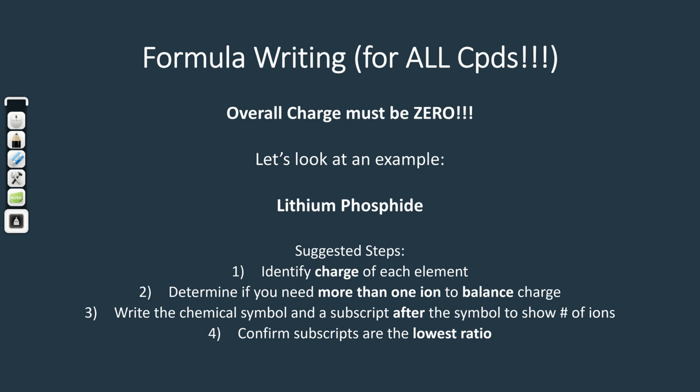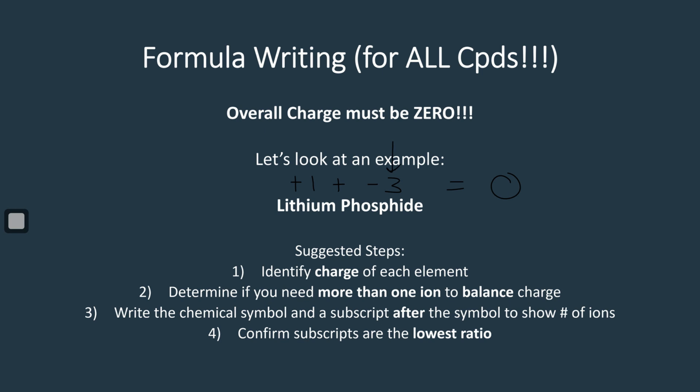So what I do here is I go, this is +1. And this is -3. How am I figuring that out? I look at the periodic table. We should know how to figure out the charges now. But you can see that they are not equal in charge. The overall charge has to be 0. In other words, when I add these up, I need to have it come out to 0. Right now, it's not true. So I need to change how many I want of each one. I cannot reduce the -3 to -1.